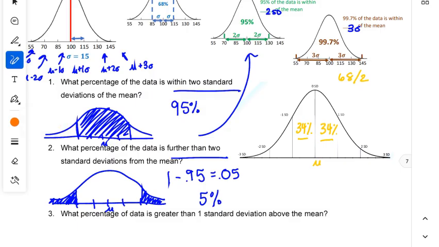Okay, let's go further out. Let's find out what this is and this is. We know 95% is the 2 standard deviations, but we've already accounted for 68% of them. So we find that, but then we've got to divide it by 2 because you're going to the 2 tails. So that is 13.5%.